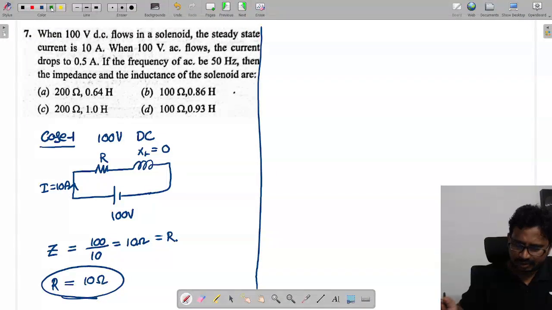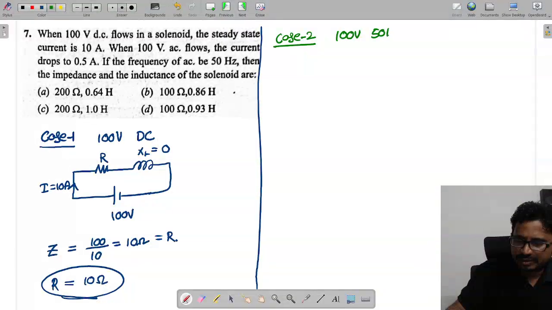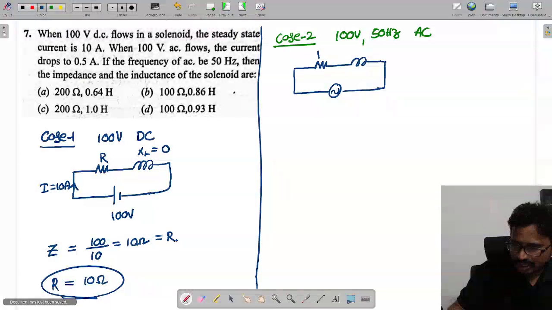Next, they are asking for case 2, which is AC. The supply is 100 volts and 50 hertz frequency. For the AC case, we have a resistor and an inductor, and now the supply is an AC supply. R we have calculated as 10, and the XL value we don't know.